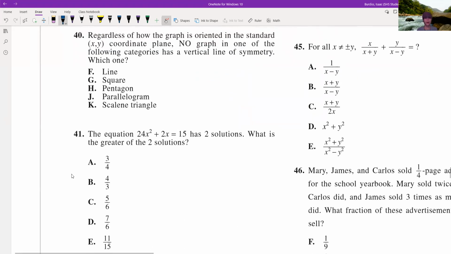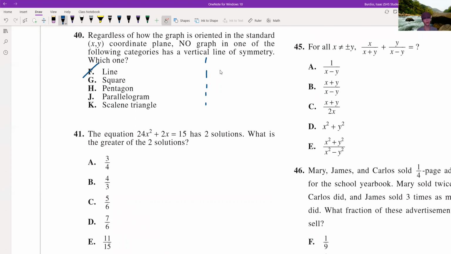Basically it's saying, which of the following does not have symmetry when there's a vertical line? So vertical line, which does not have symmetry. A line, you might say, oh, it doesn't have symmetry, but if it was horizontal, it would.